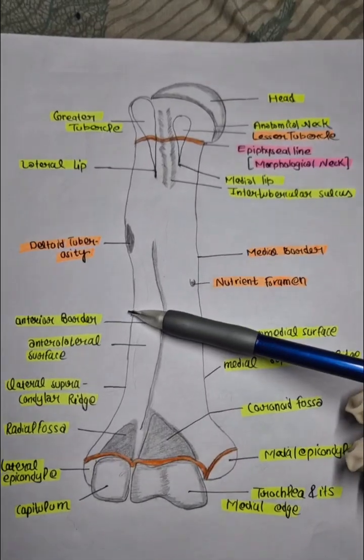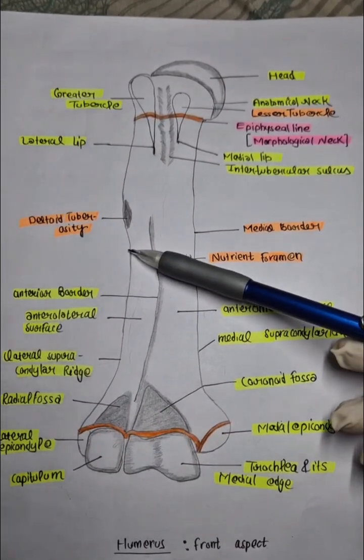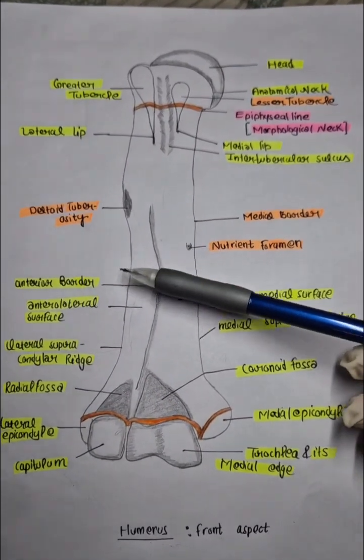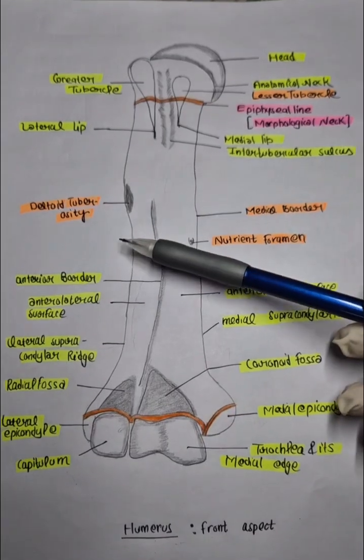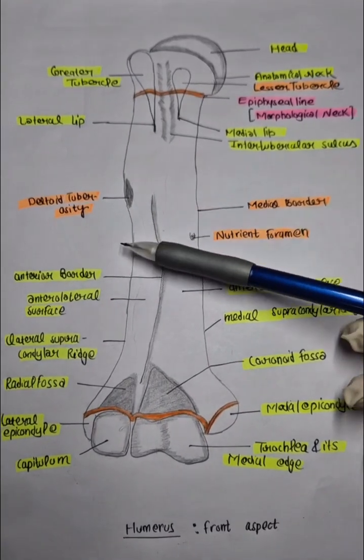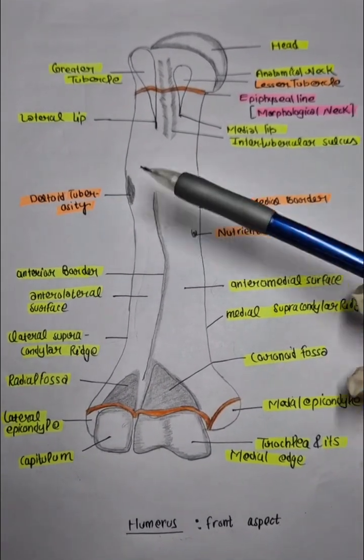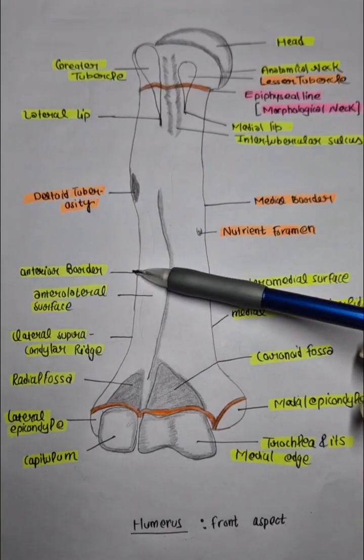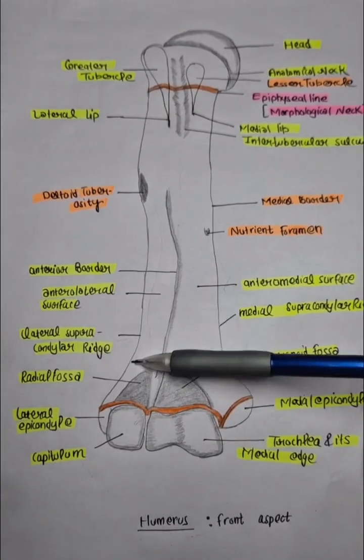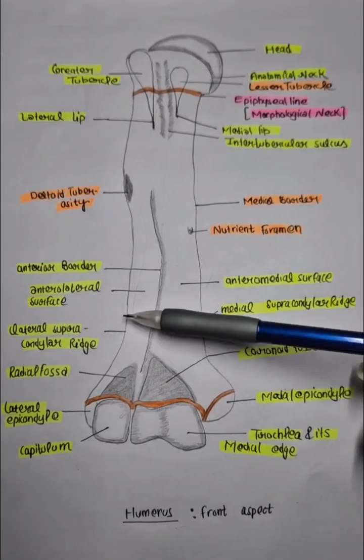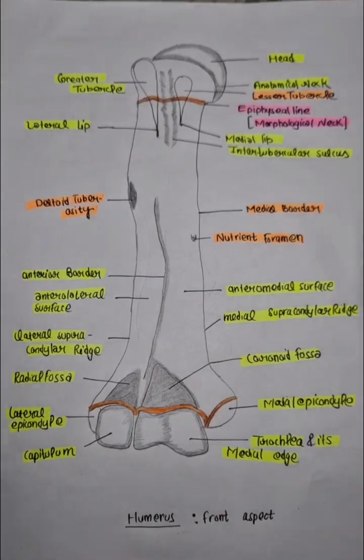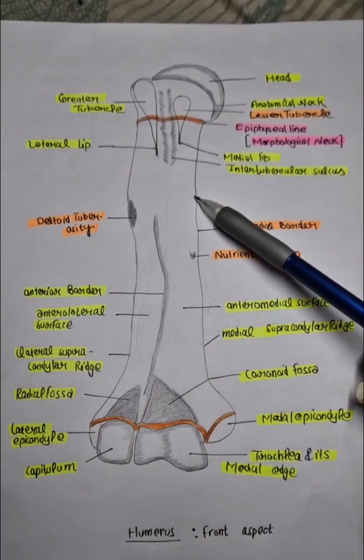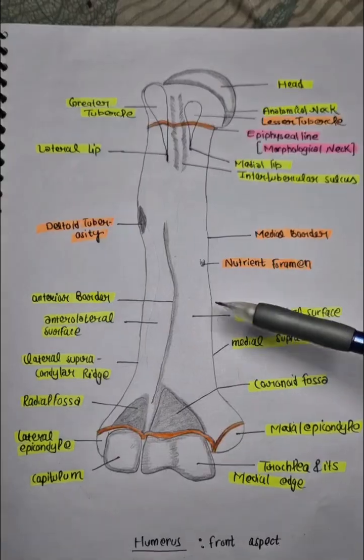The upper part of this lateral border is barely traceable, the middle part is interrupted by the radial or spiral groove, and the lower part is prominent and forms the lateral supracondylar ridge.